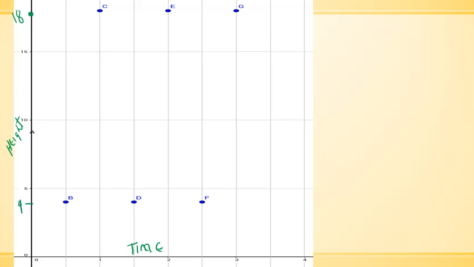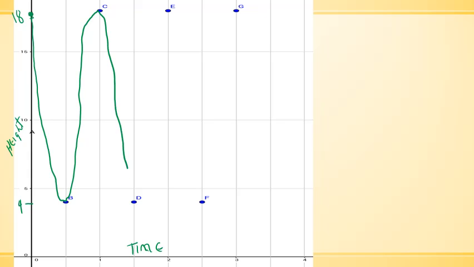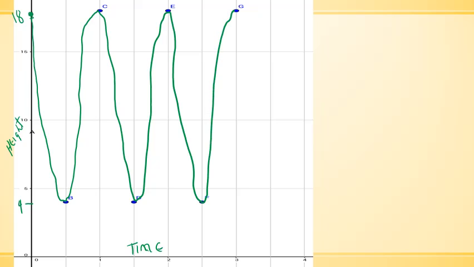Now, if we were to graph this or connect these points, and you'll probably have to forgive my shaky hand here, I'm going to come down here like this and then back up. Coming down here like this, up here like this, down here like this, up here like this, down here like this, and back up like this.